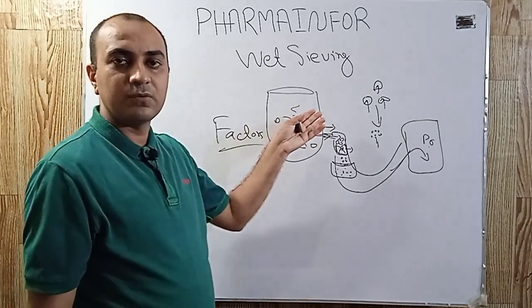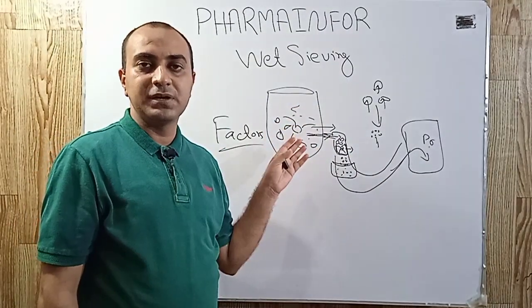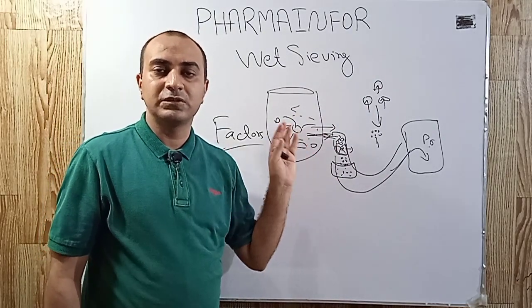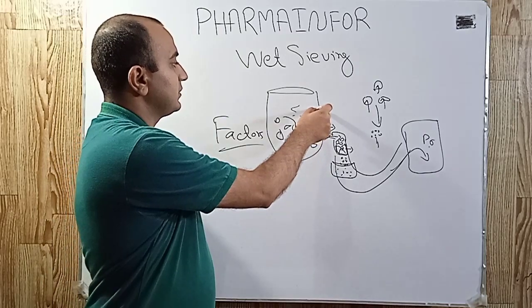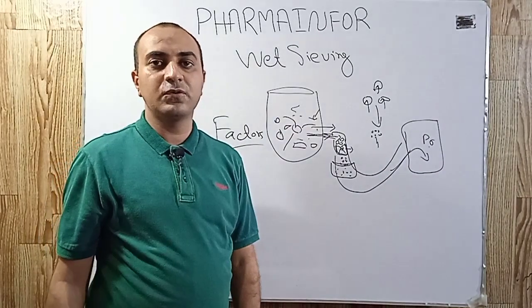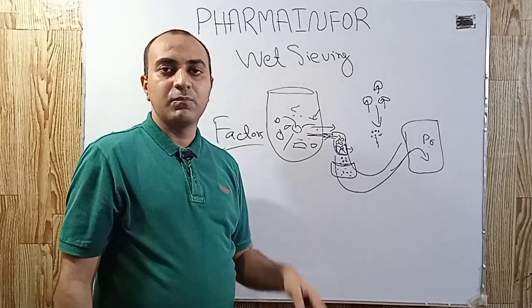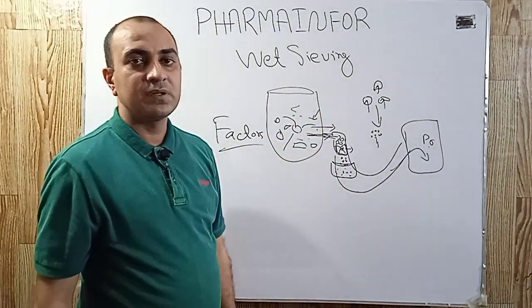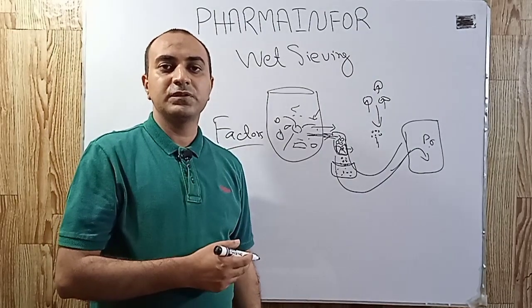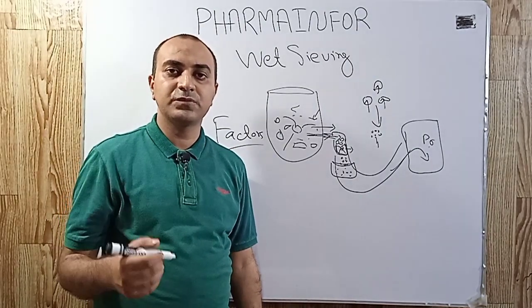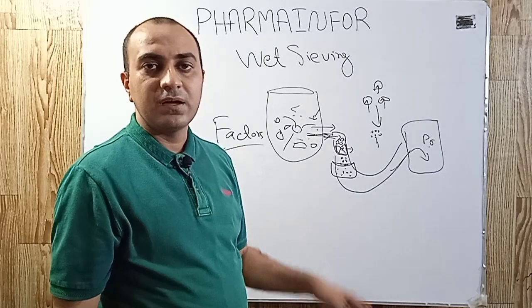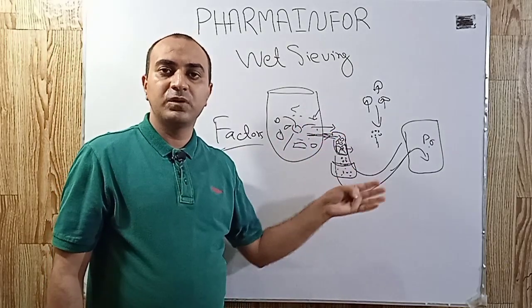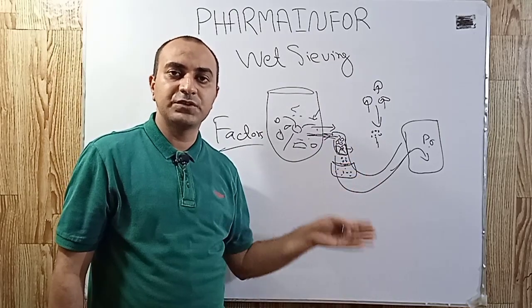Most of the industries skip the wet sieving step, because the logic is that they are using a chopper for the cutting of large lumps, but in practical observation it is found that apart from using the chopper, there are many large size lumps which are left behind, and they are not properly broken down and create problems during drying and fluidization.